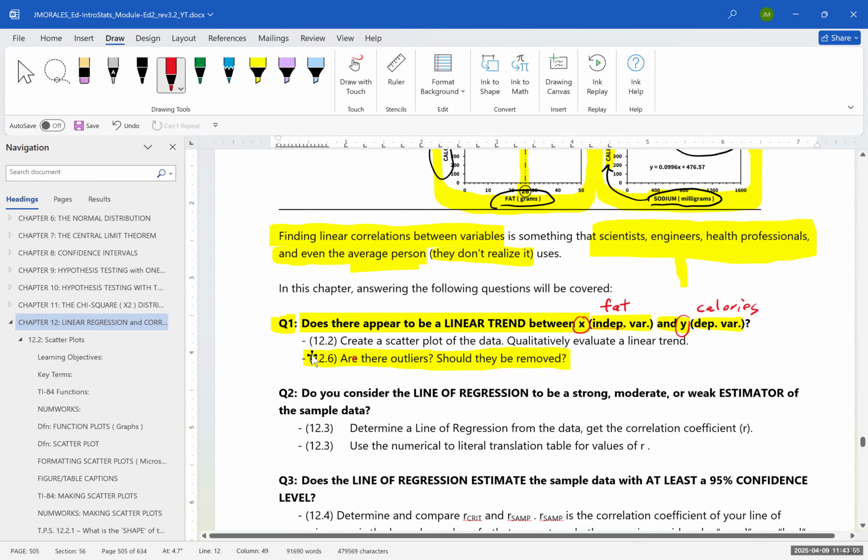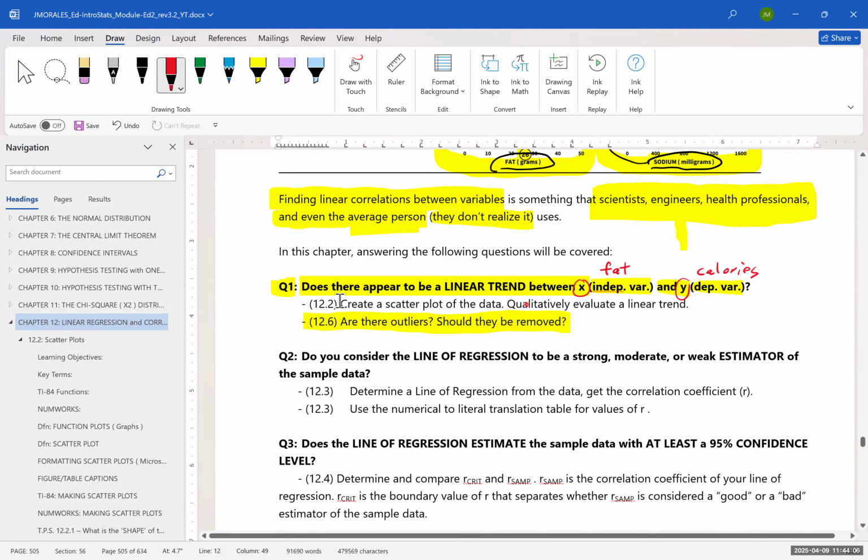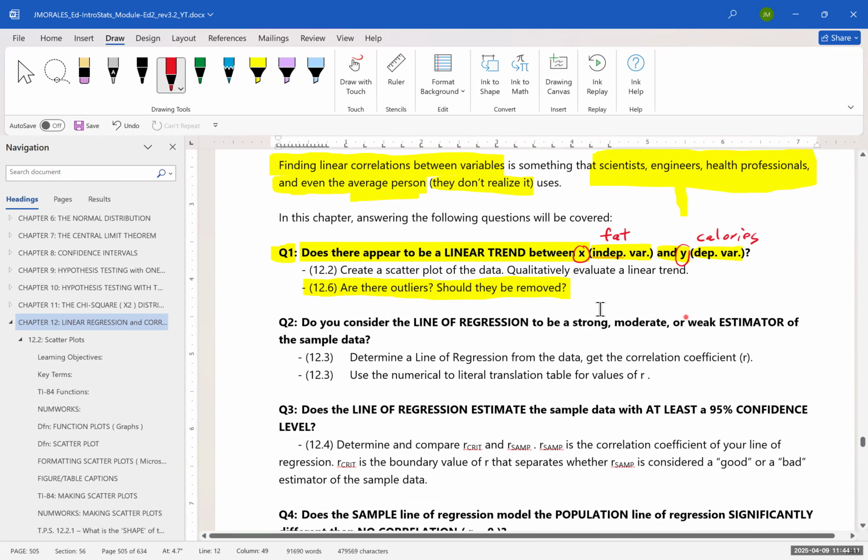We're not going to cover that until the end, because I think getting these other questions nailed is going to be more important in this class. So that's question one. Make a scatter plot. Does it look like there's a trend?